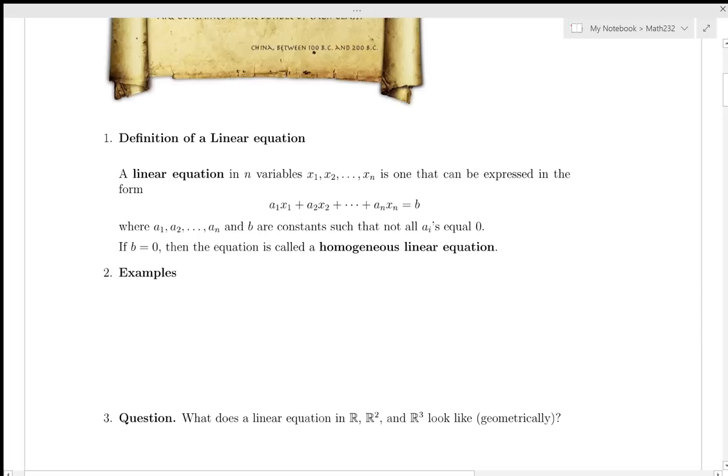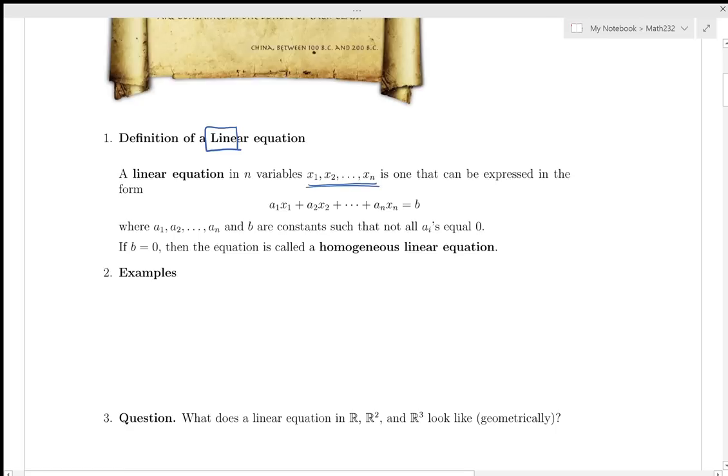So the first thing to notice is the word linear actually contains this thing here, a line. So that's how we'll be thinking of it, at least in 2 dimensions. So a linear equation in n variables. So these x1, x2, xn are variables.